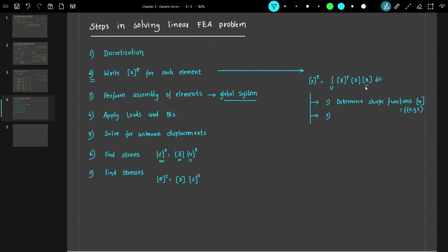Then we find the B matrix for each element, which is basically the derivatives of shape functions. Then we get the D matrix, the stress strain relationship matrix.